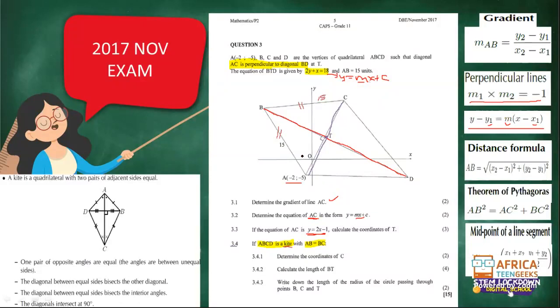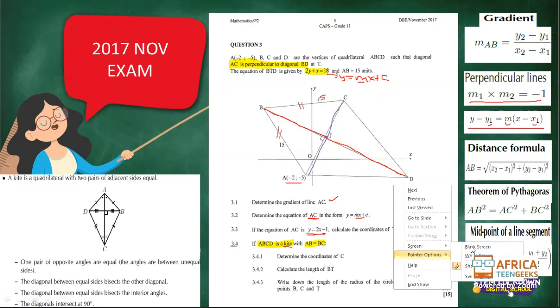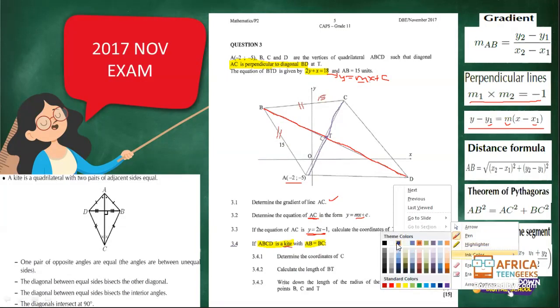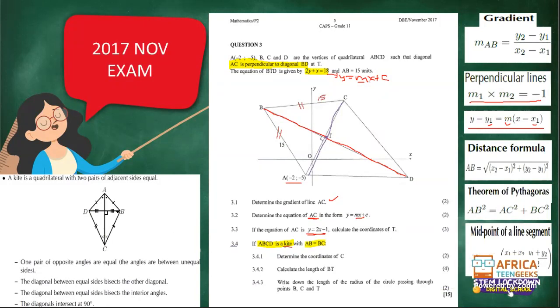And then from properties of a kite, we also know that we have a perpendicular bisect. So we also know that AT equals to, okay, because we are using properties of a kite.